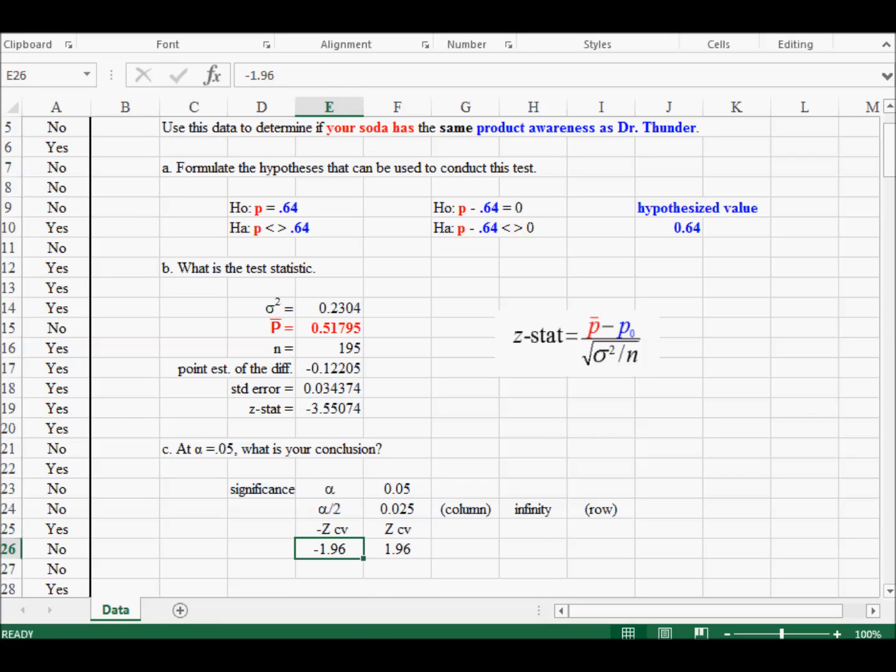Now the question is whether the z-stat is inside these two numbers. If the z-stat is inside these two numbers, then this difference is said to be insignificant, or there is no difference here.